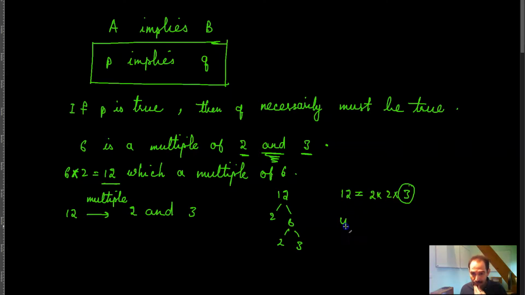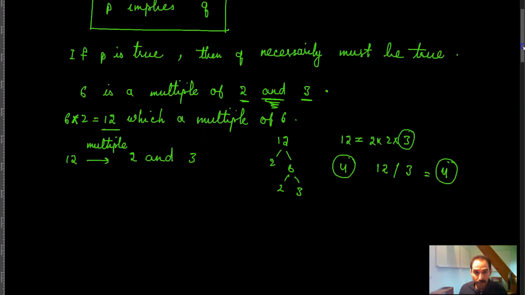If I divide 12 by 3 to take out that factor, I'll be left with a 4. And as you can see, 4 is not a multiple of 6, right? But 12 is a multiple of 6, and 12 is a multiple of 2 and a multiple of 3. So I took out the factor 3, and now it is not a multiple of 6 anymore.